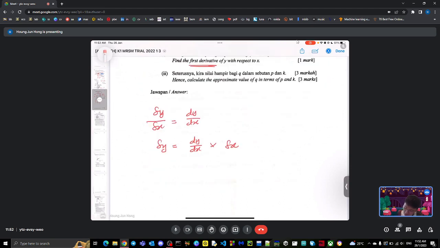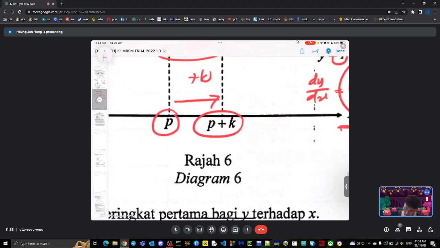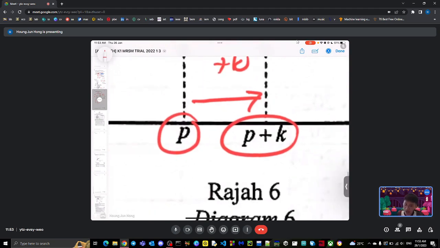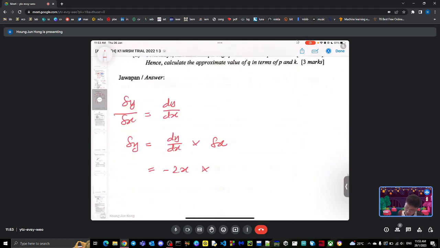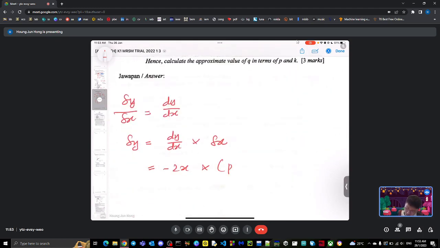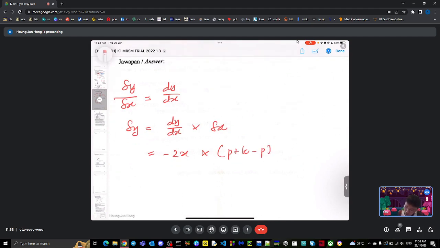Okay, yep. So now we have all of these values, so just try to find it. We know that dy dx is -2x, and then delta x is basically the change in x. So p changes to p plus k. So the change in x would be p plus k minus p. Basically final minus initial, so it gives you k. So -2xk.